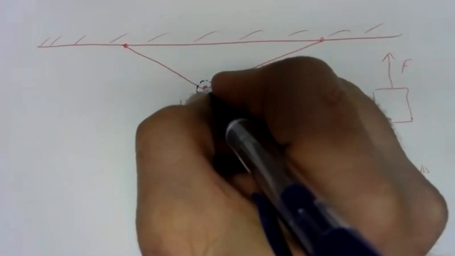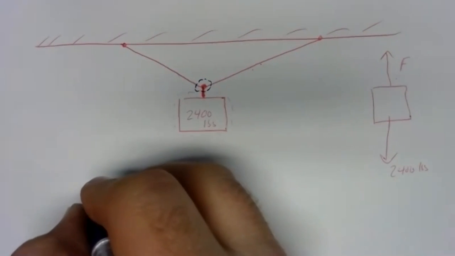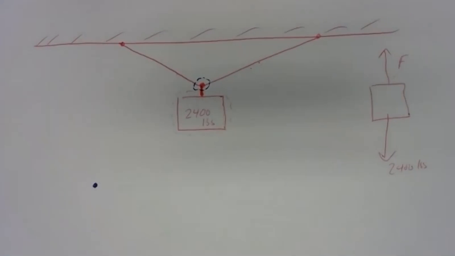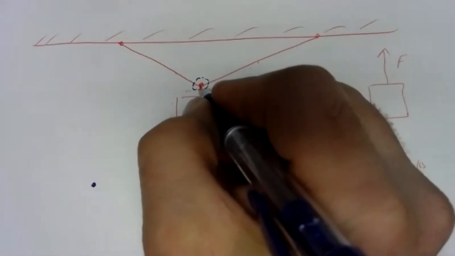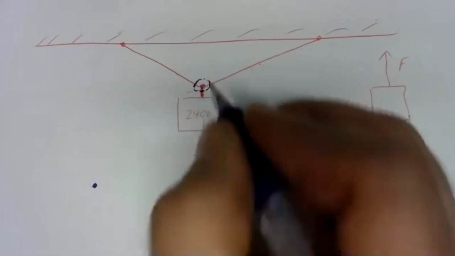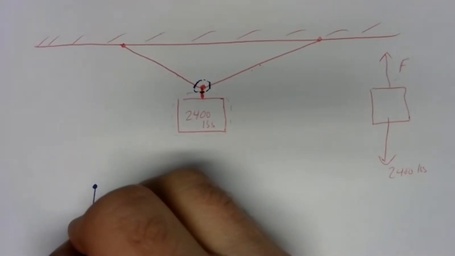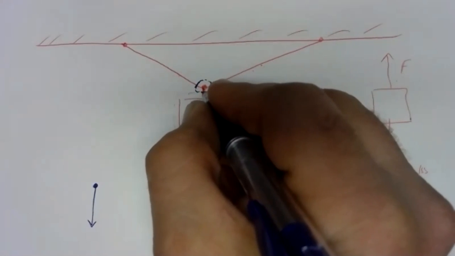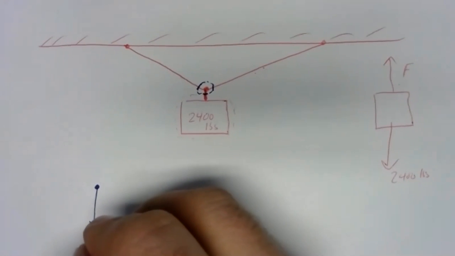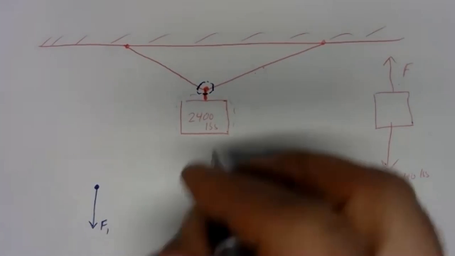If we draw the free body diagram of that point, there's that point right there. We cut through 1, 2, 3 ropes or 3 wires. So there's got to be a force due to this wire right here pulling down. So maybe we'd call that F1.